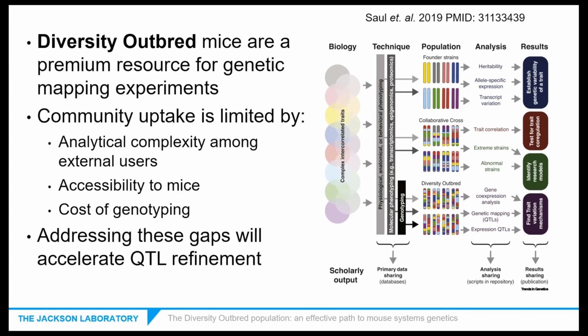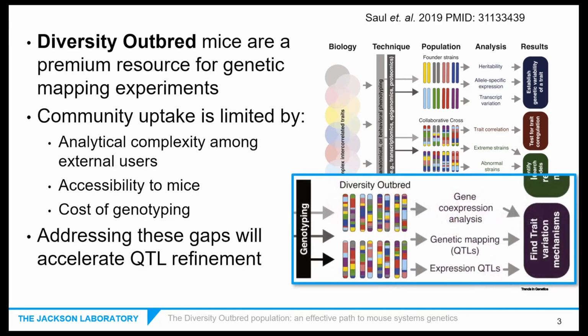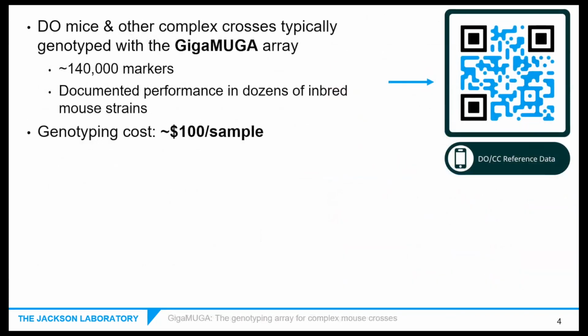And one of the limitations we're really interested in addressing is the fact that DO mice are non-fungible, meaning that they have to be genotyped each time they're phenotyped. And addressing these gaps will accelerate QTL refinement, hopefully, and also bring a cost reduction as well to this resource.